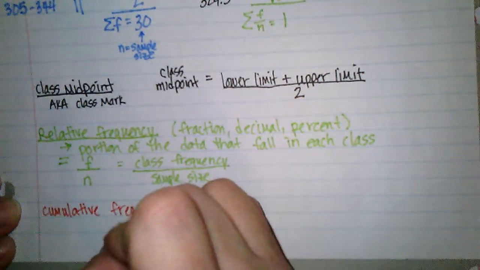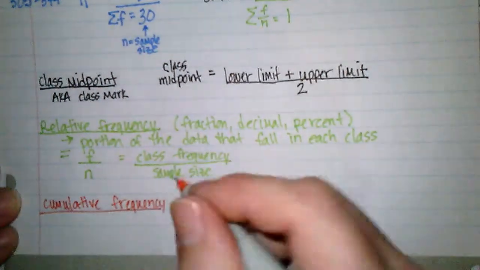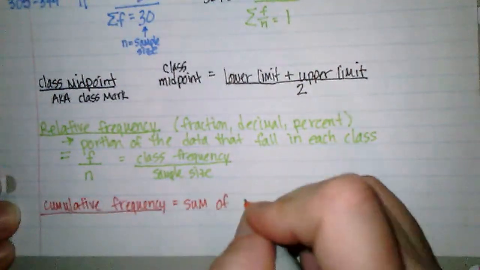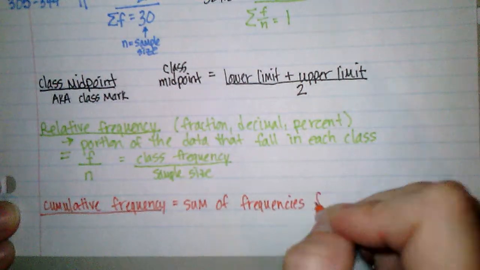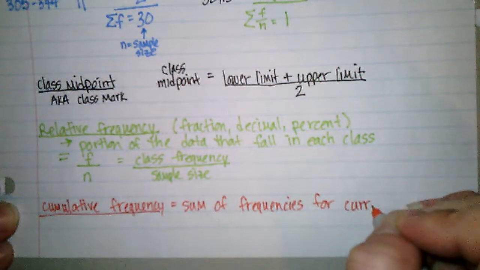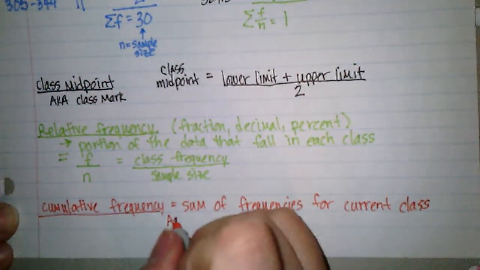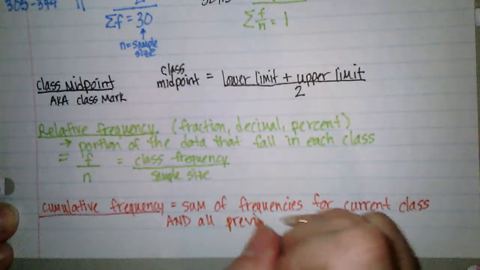So cumulative frequency is the sum of the frequencies for the current class and all previous classes.